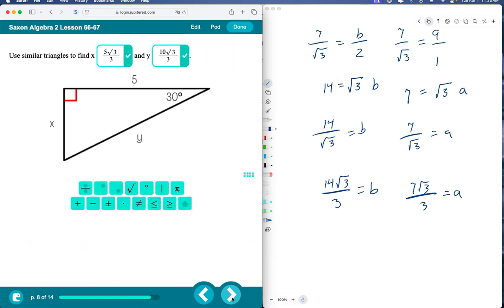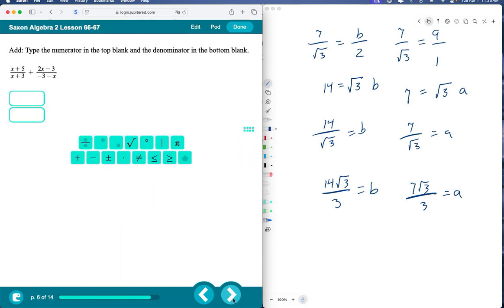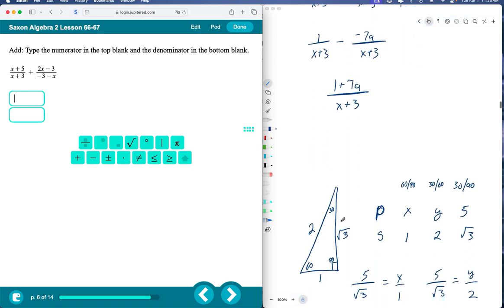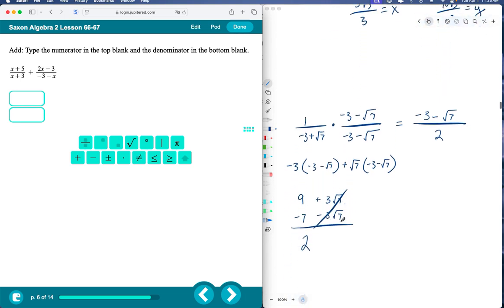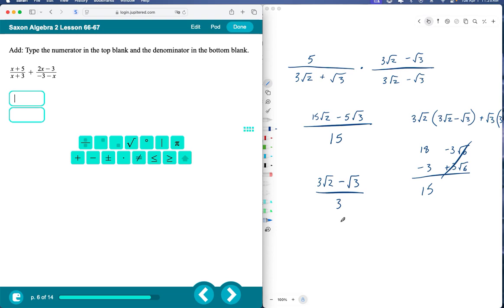All right. Type the numerator and the denominator. I already did that one. Where did I do it? I did it down here somewhere. Here it is. So that was 3 square root of 2 minus square root of 3 over 3.